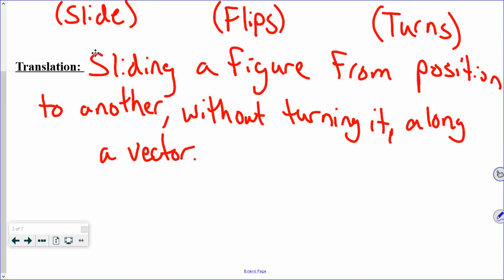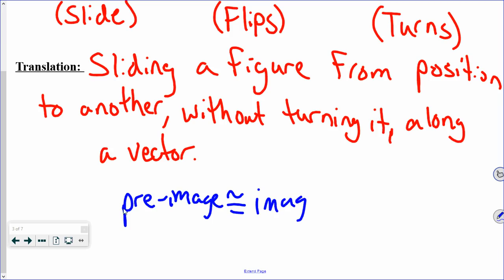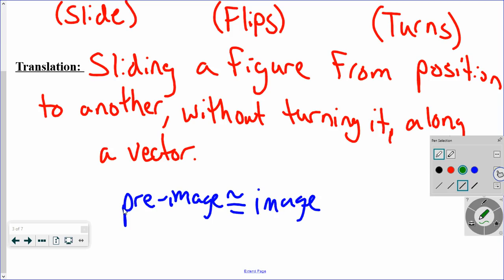So since a translation doesn't change the size or shape, it is a basic rigid motion, which means the pre-image, or the original figure, is congruent to the image. This symbol means congruent, and we can define congruent real quick.